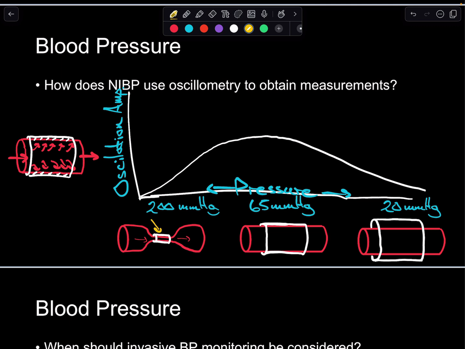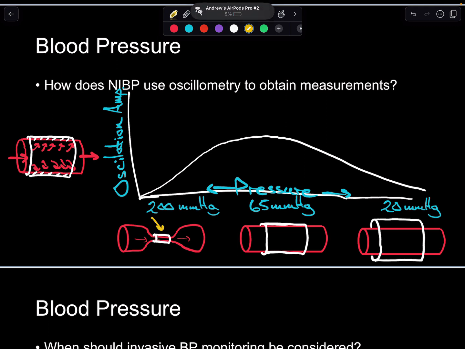So when we first place the blood pressure cuff on the patient, it inflates to a very high pressure and it really clamps down, like you can see down here, really clamps down on the walls of the artery.